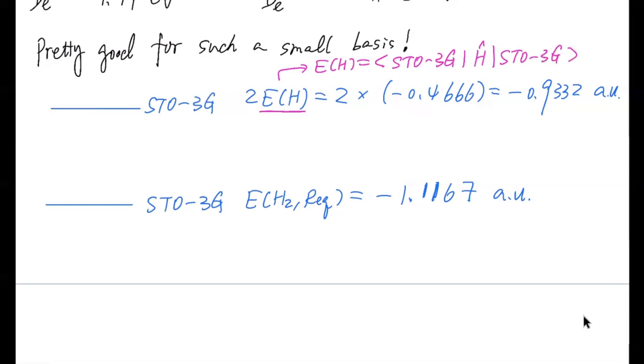The STO3G is just an approximated basis function we use. It's not entirely equivalent to the exact solution to the hydrogen atom Schrodinger equation, right? So as you can see, for an isolated hydrogen atom, the STO3G energy is negative 0.4666 atomic unit.